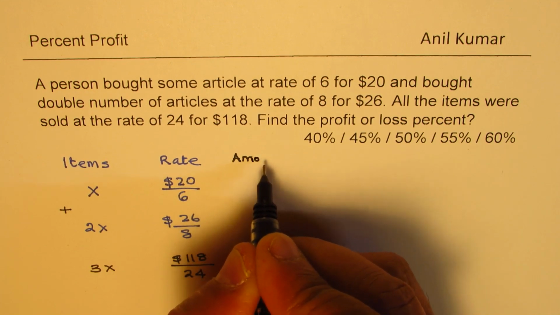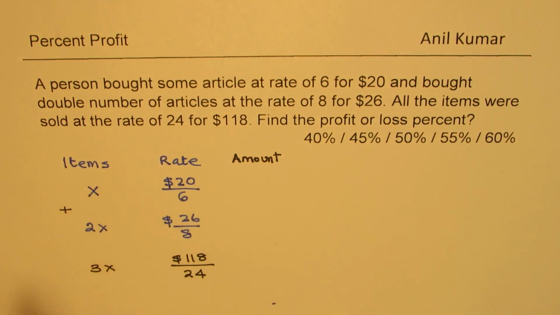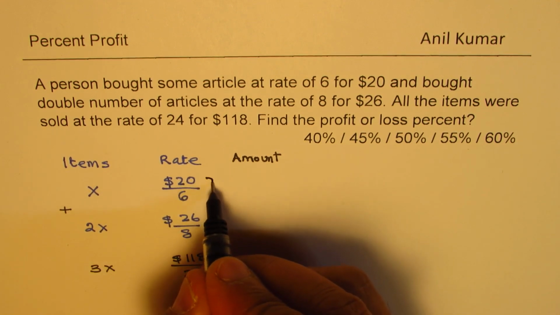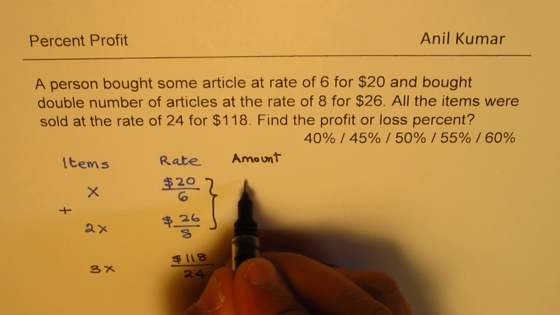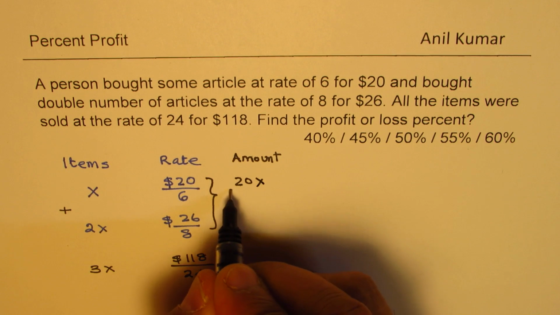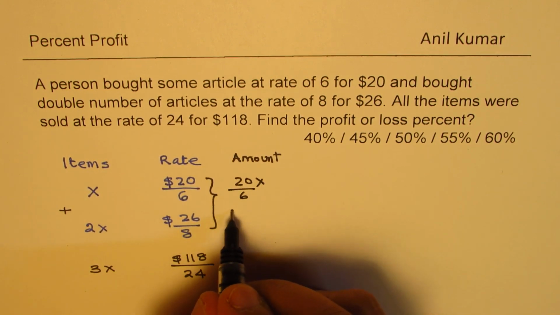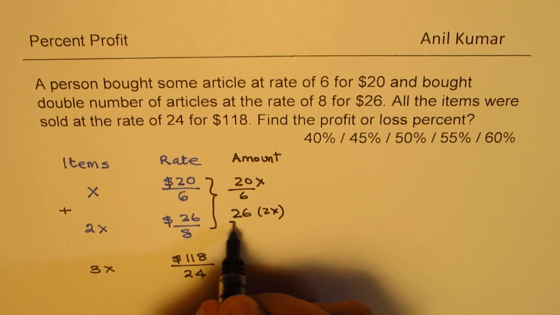So let's create this column of amount. Clearly you will add these to find the cost price. So that becomes the cost price, which is for us 20x over 6, and this is 26 times 2x over 8.